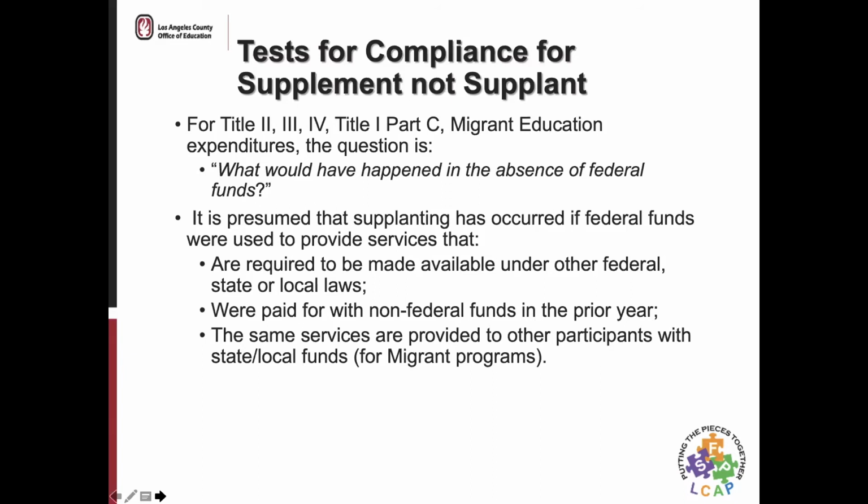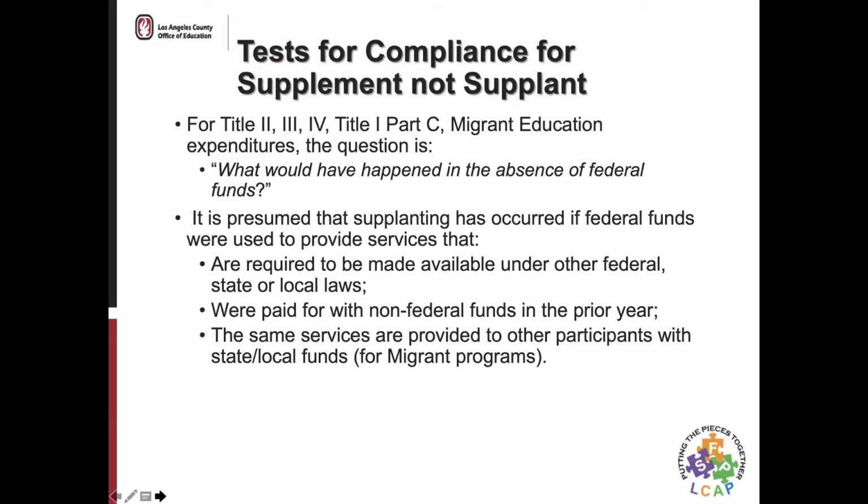In other words, are you supplanting with funds that would have been made available previously? Were they paid with non-federal funds in the prior year? And are the same services provided to other participants with state and local funds? And that would be for migrant programs, because that's a student-level program.